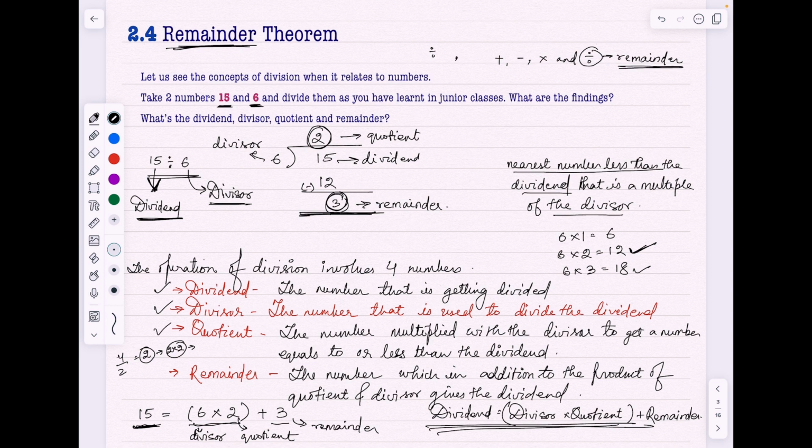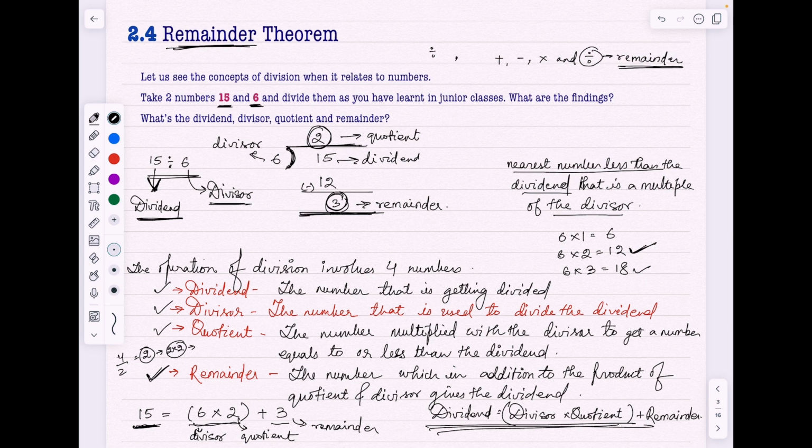So in a division operation we have 4 terms: dividend, divisor, quotient and remainder. This process of dividing numbers is very important because you will be doing the same thing in division of polynomials. Here it is only one step, but there it takes many steps. The steps remain the same. What is the first step?